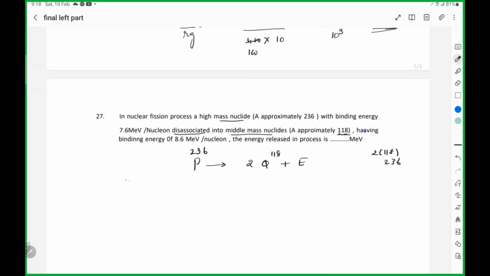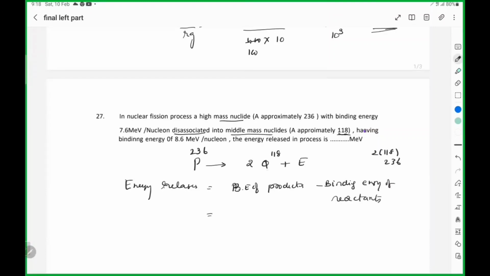So here the amount of energy released in this process is binding energy of products minus binding energy of reactants.